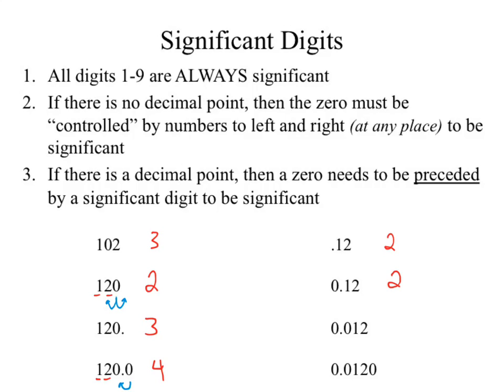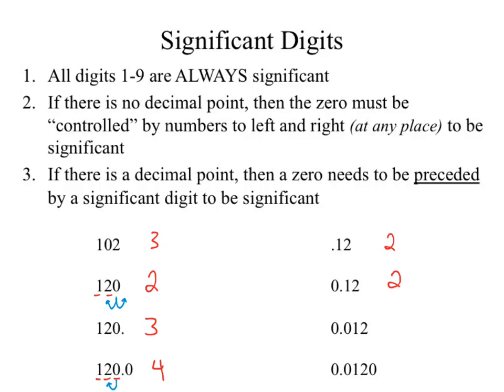We have no idea what to do. So starting our determination if a 0 is significant by looking at the very last 0 is not the best option. So let's not look at the last one. Let's look at the second to last one. When I look to the left of it, what do I have? Significant digit. Because I have a decimal point, I'm under Rule 3, which means our 0 is now significant.